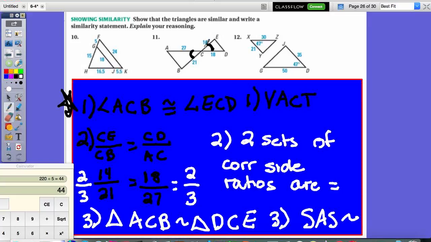The 2 sets of corresponding sides and their included angle. And to make sure you put this in order, A and C are the longer labeled side length here. They correspond to D and C, the longer labeled side length here. C needs to be in the middle because it is the included angle.